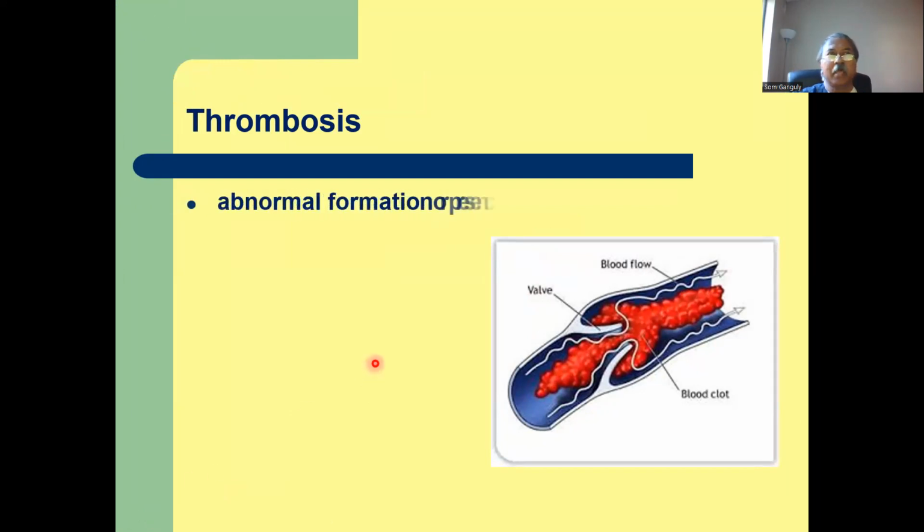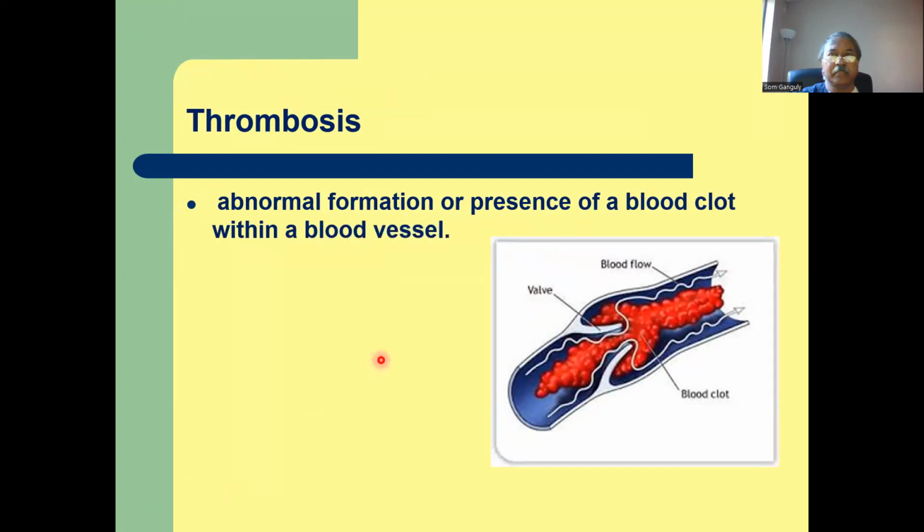Here, you see how this blood platelet sits there and forms a clot in the blood vessel. This process is called thrombosis. This is a vein, and you can tell it is a vein because the vein has a valve, a one-way valve, that allows the blood to flow towards the heart.